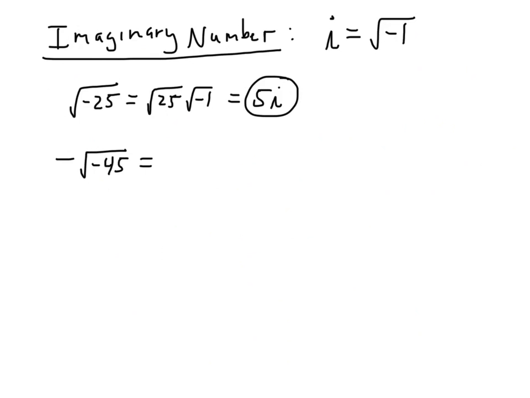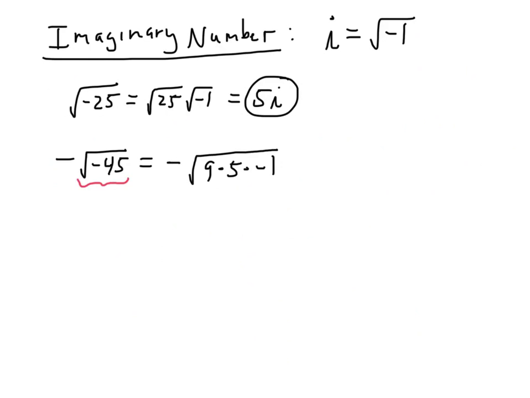Well, the square root of negative 45 right there is an imaginary number. And it's also negative because there's a negative sign in front of it. But we want to simplify that imaginary part down first. So we'll do negative. Think of 45 as being 9 times 5. And then times negative 1 because it's negative 45.